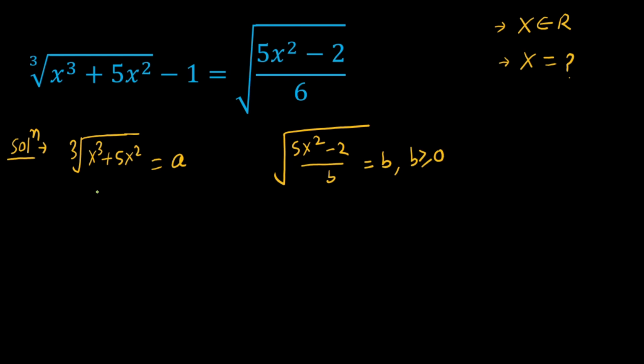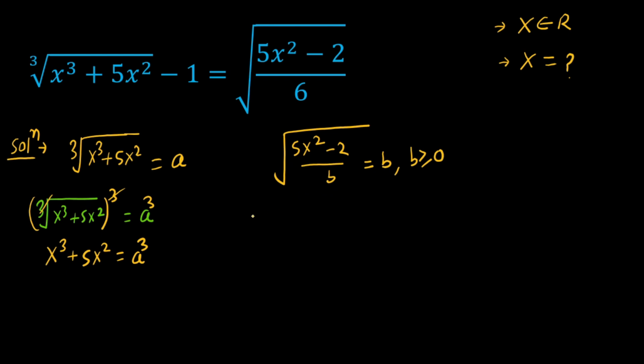If we take the cube of both sides, the cube root and the cube cancel out, so x^3 + 5x^2 = a^3.